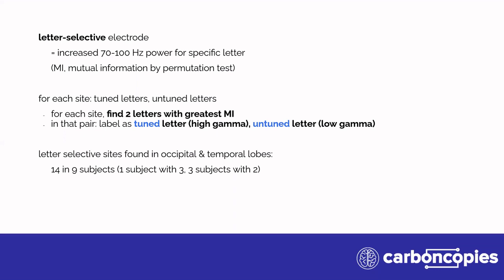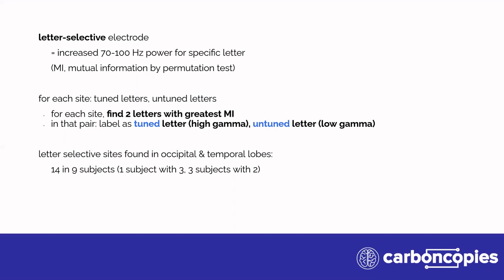And then a mutual information metric was used by carrying out a permutation test to identify which letter that particular site was tuned for and which was its opposing partner. So for each of the sites, there was a tuned letter. There were tuned letters and untuned letters.